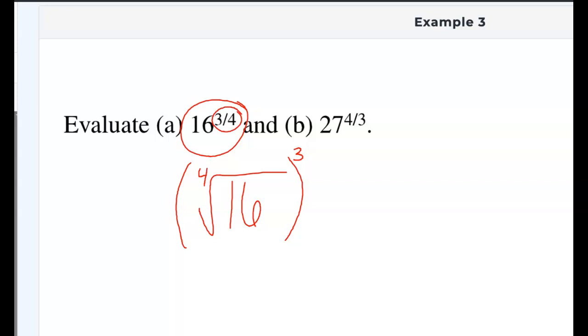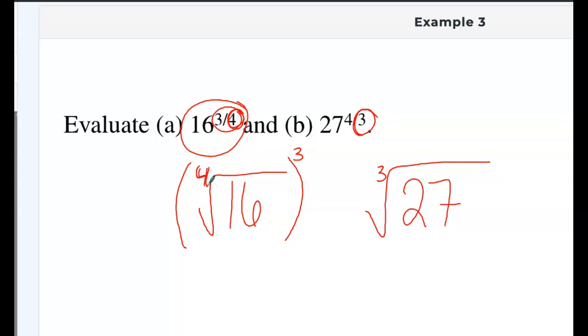So then B, how would I rewrite this one correctly? 27 on the inside, 3 on the outside, and then parentheses. Remember your denominator goes here because that's n.